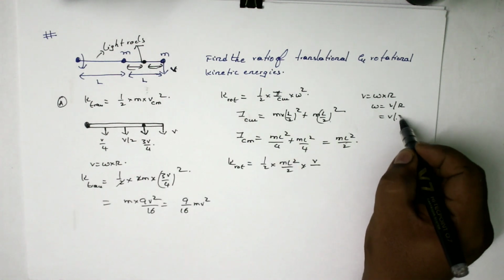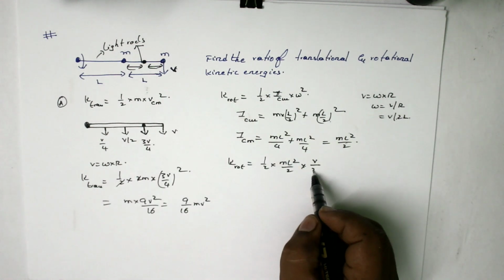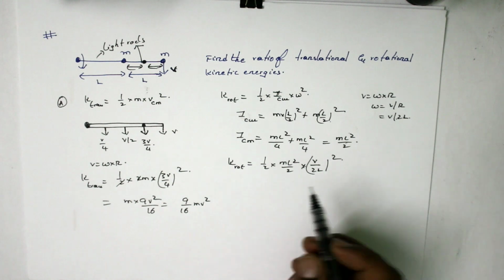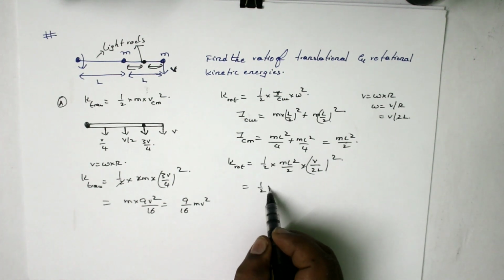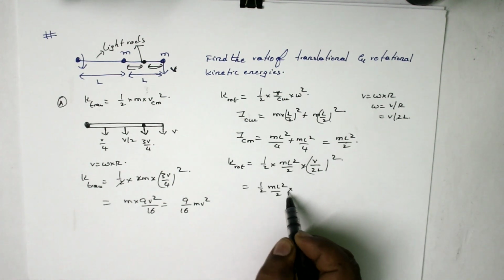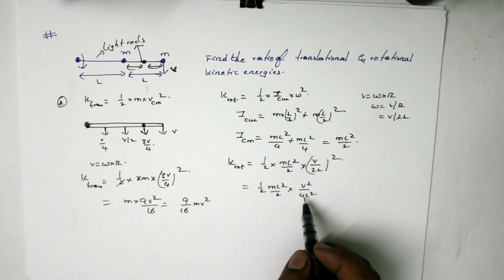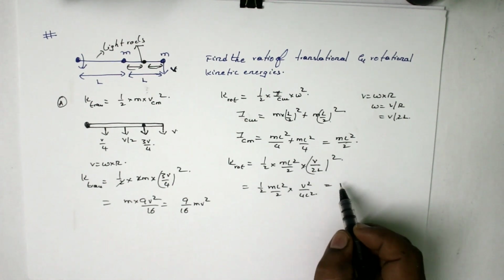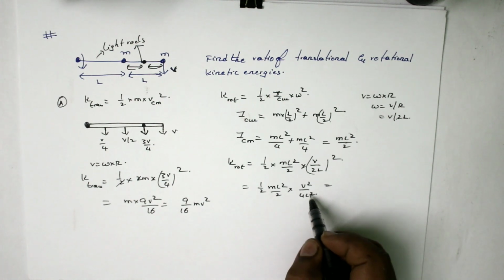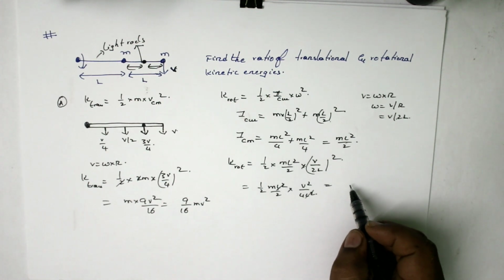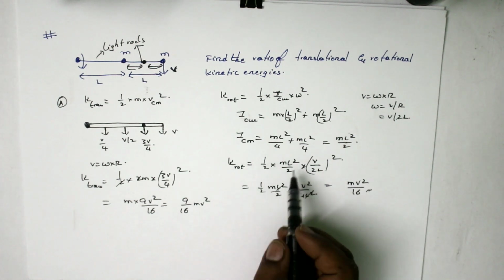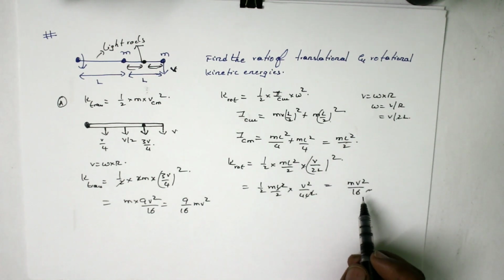So here the r value will become 2l, so v by 2l whole square. So this is equal to half ml square by 2 into v square by 4l square. So 4 2s are 8, 8 2s are 16. The l square and l square get cancelled. So mv square divided by 16 is the rotational kinetic energy of this rod.